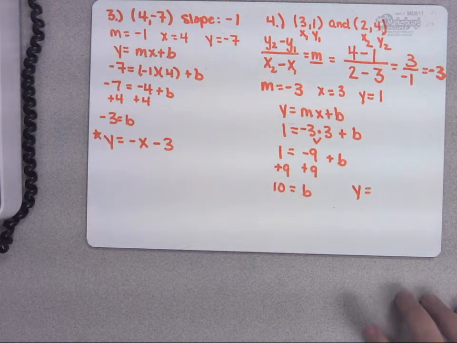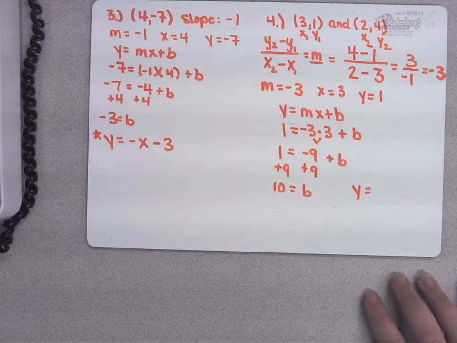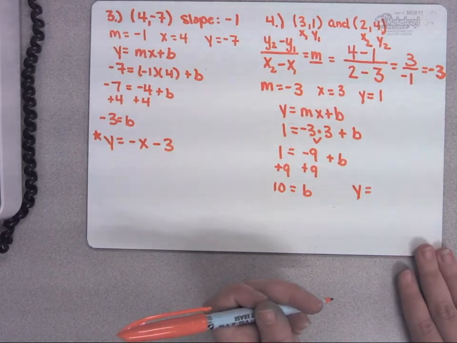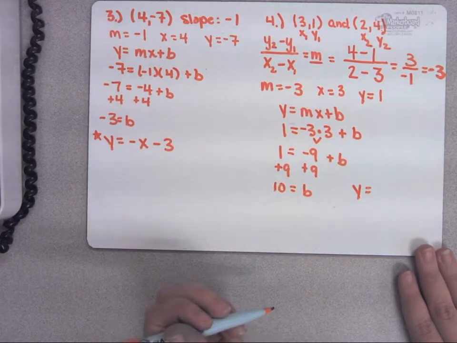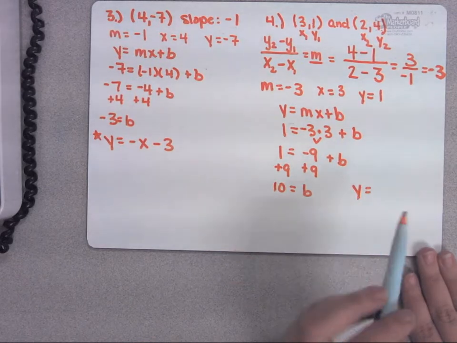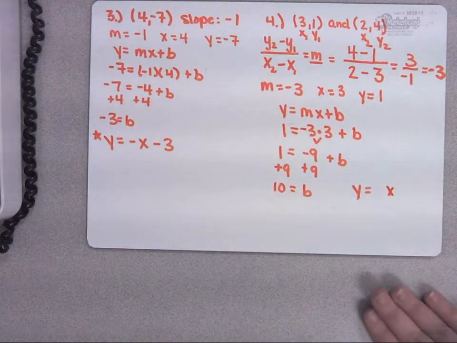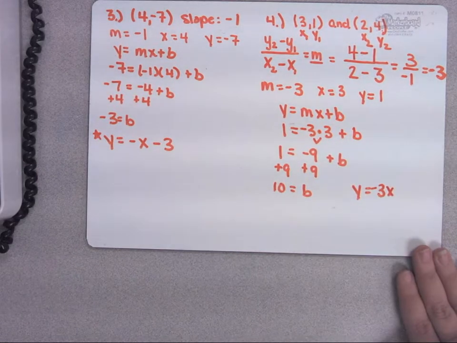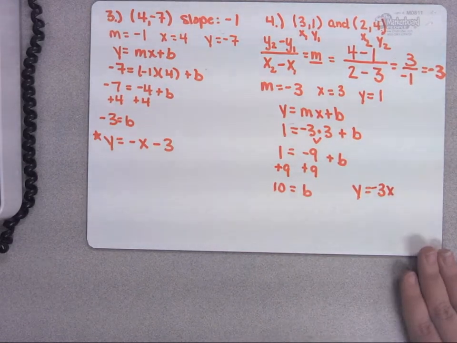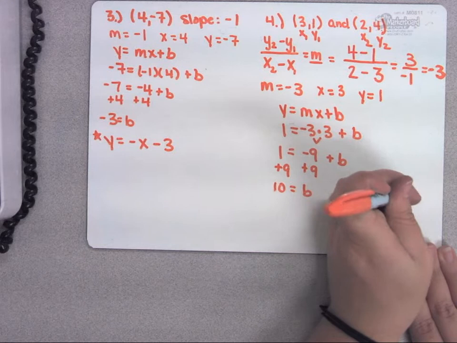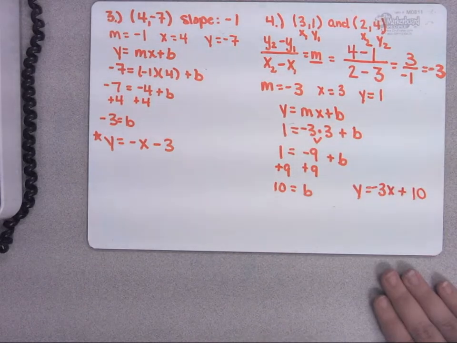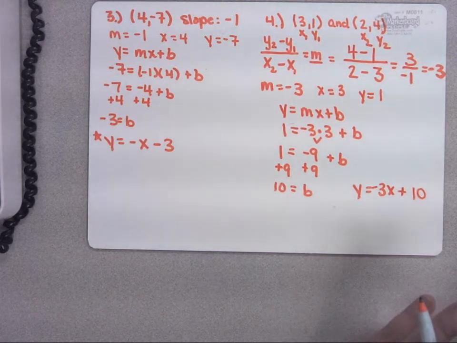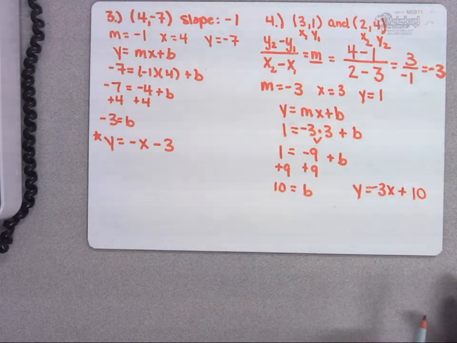Katie? Remember, our final answer always has y and x in it. Yep. Plus 10. Correct. Not so bad, right? It's just an extra step in the beginning.